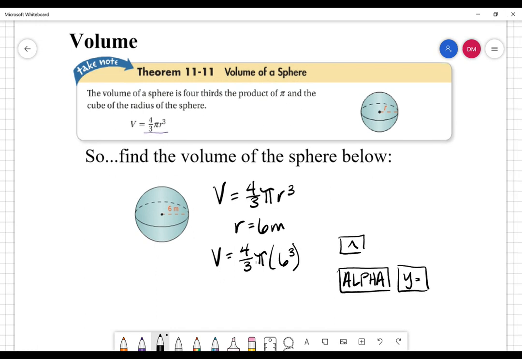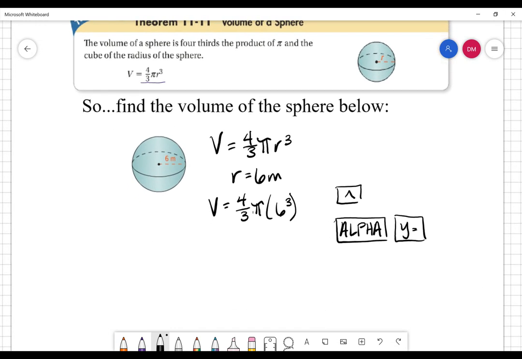Now, if you don't have the ability to do the fraction feature on here, then just make sure you use parentheses on your calculator when you do 4 divided by 3, and then use your pi button. And then you will do 6 caret 3. So I'm going to go ahead and do that in my calculator, just all in one step here, typing in 4/3 pi in parentheses 6 cubed.